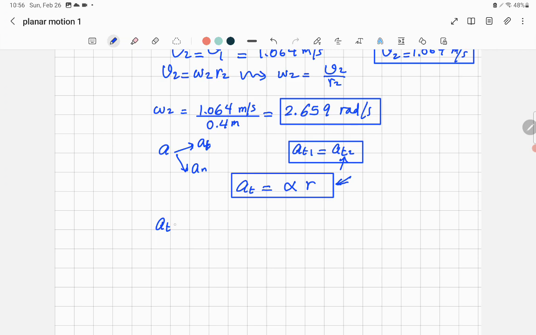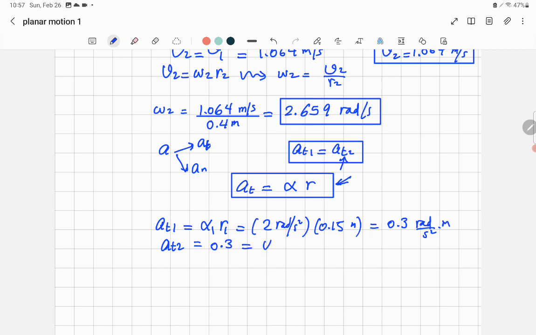So the tangential component of the pulley is equal to its angular acceleration times the radius. The acceleration is given in radian per second square, and the radius 1 is equal to 0.15 meters. So multiply, you get AT1, which is equal to 0.3. And since AT2 is equal to AT1, AT2 will be equal to 0.3.